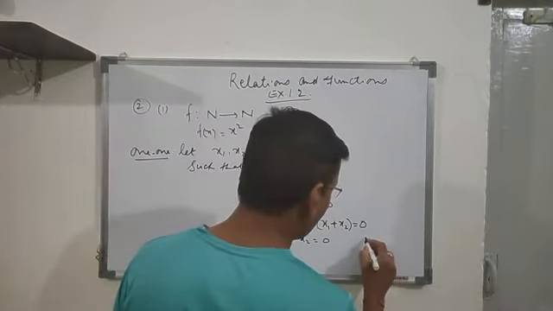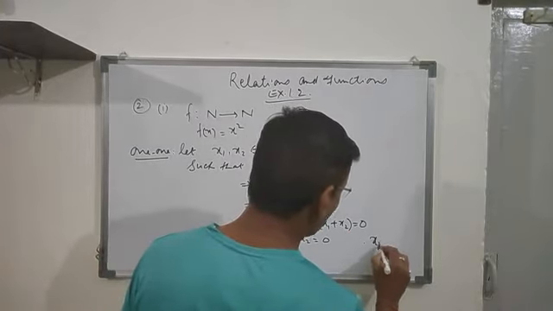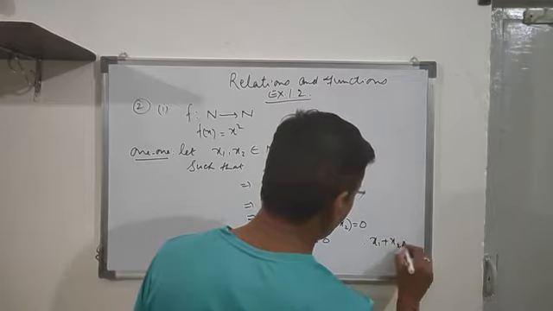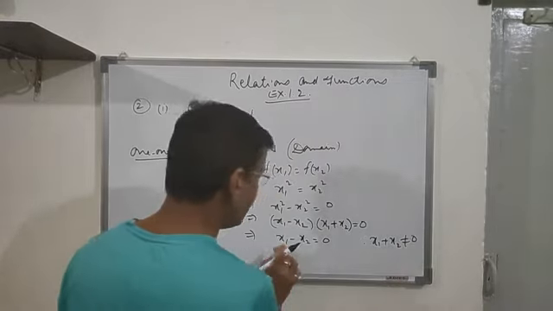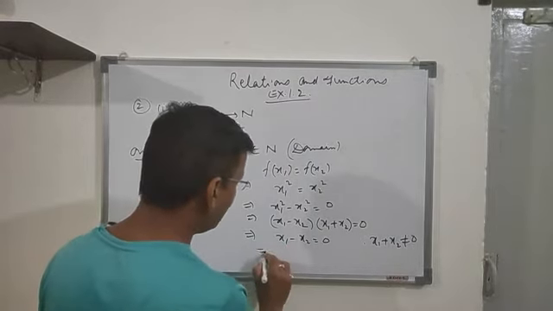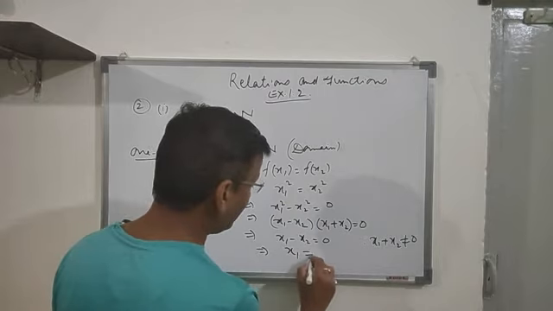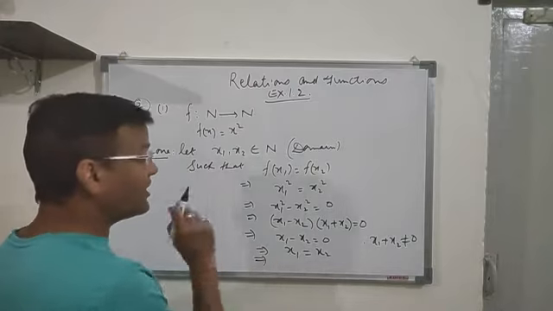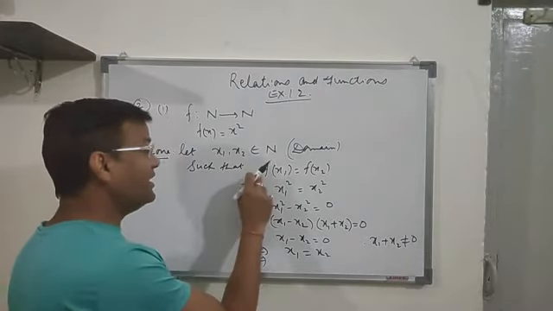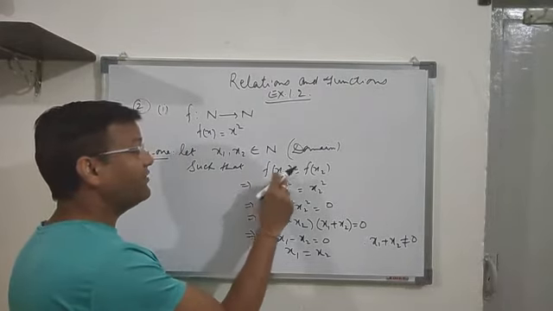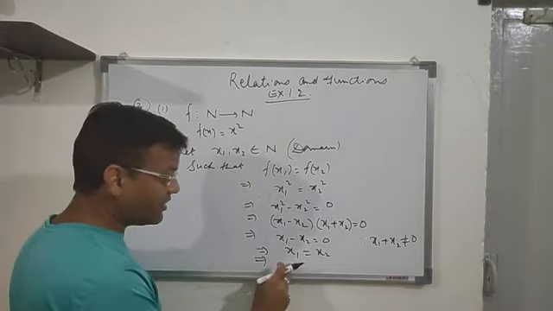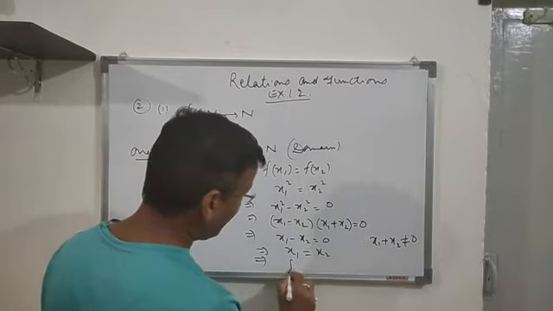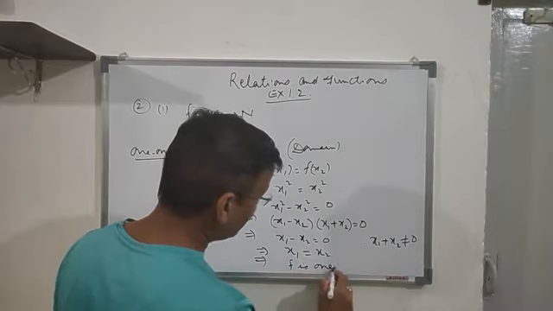So you have to write it here: therefore, because x1 plus x2 is not equal to 0, x1 minus x2 equals 0. This implies that x1 equals x2. The starting result was f(x1) equals f(x2), and we have reached this conclusion. This implies that f is 1-1.